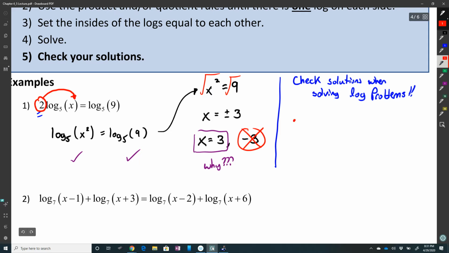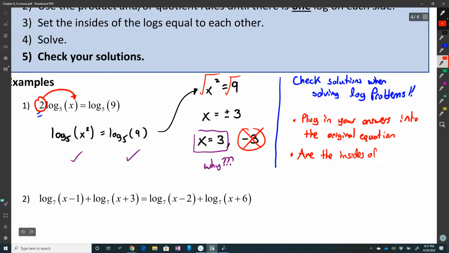Just plug your answers into the original equation, and all you're checking for is whether the insides of any logs are negative. If they are, then you throw it out.